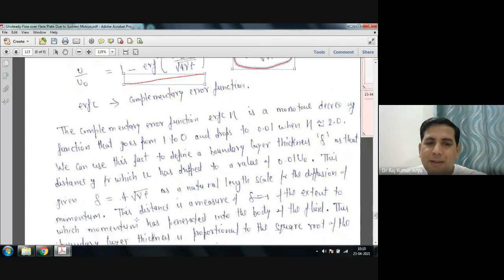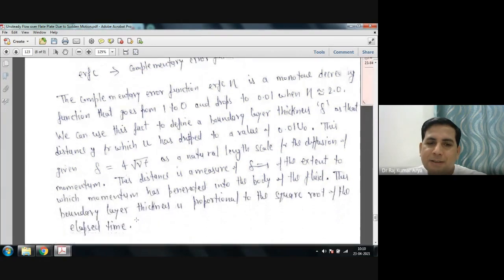Now from here, this is being treated as your diffusion of the momentum, and you can calculate 4 nu t, and from here you can calculate that this is the boundary layer thickness. Here the boundary layer thickness is proportional to the square root of the time, that is, how much time you are giving, and it will change in terms of the square root of that.